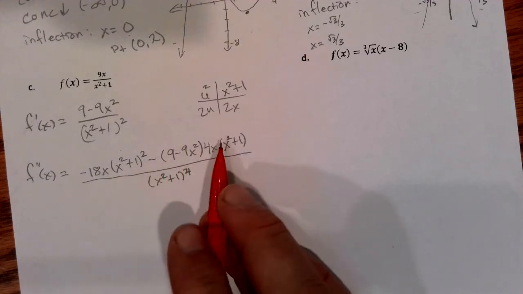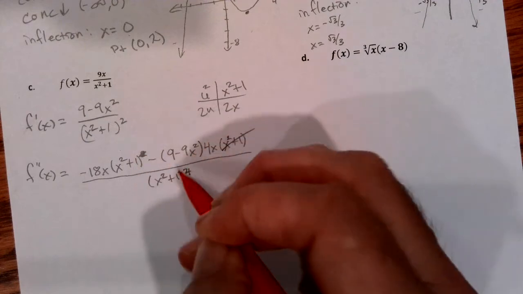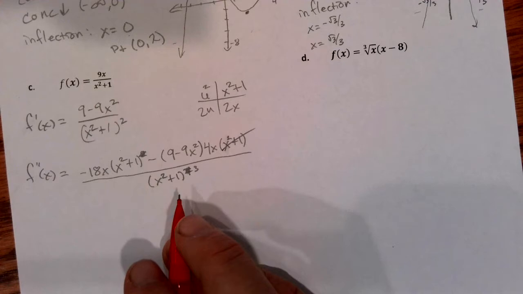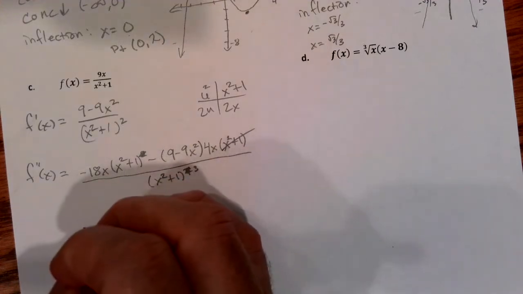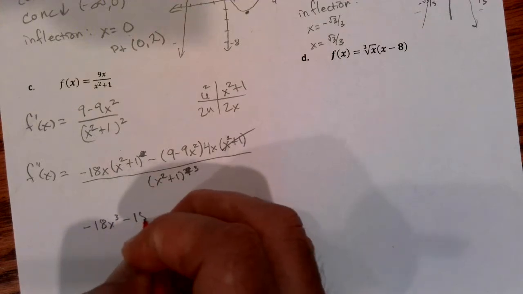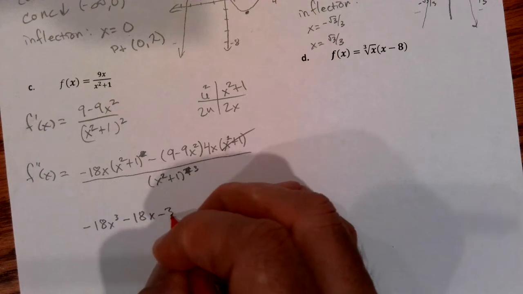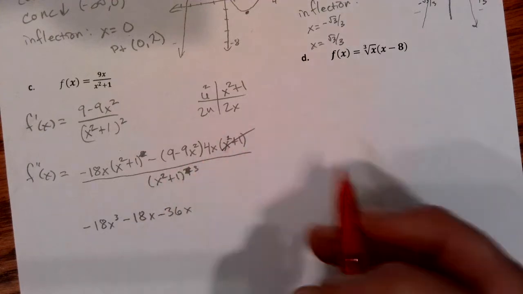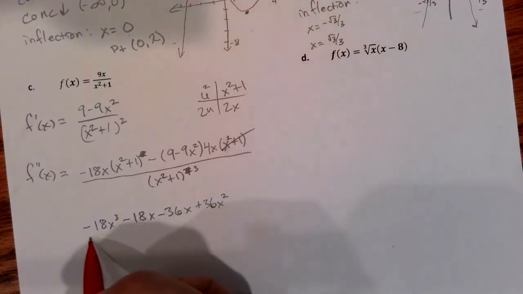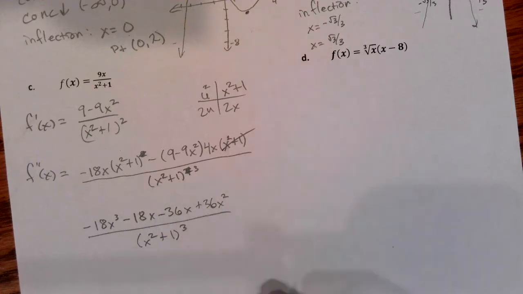Notice how all these have an x squared plus 1 factor. So when we get rid of it, it reduces accordingly. We multiply this through, we get negative 18x cubed minus 18x, minus 36x, then plus 36x squared, all over x squared plus 1 cubed.